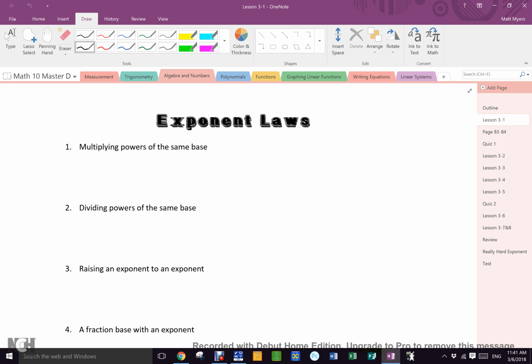There are 7 rules that apply to exponents, of which every single one of you already knows the first 6. Depending on who taught you 9th grade math, you might know the 7th, and you might not. It's no big deal, though.